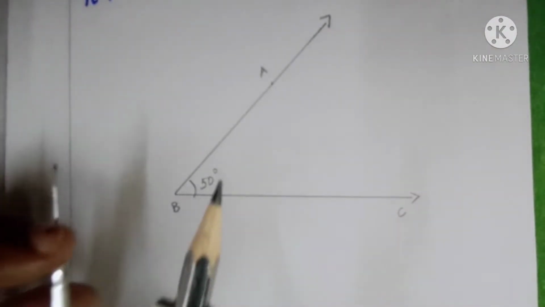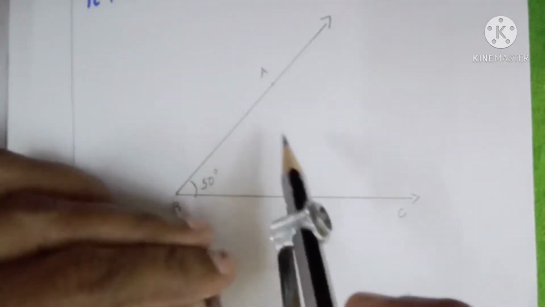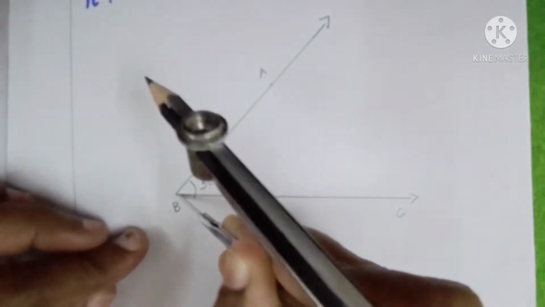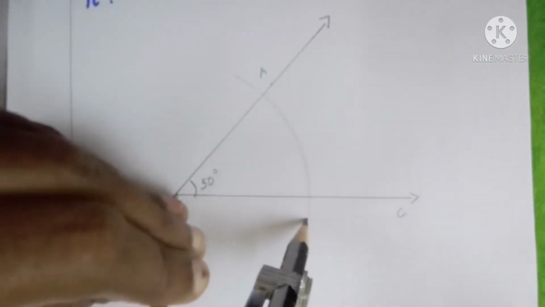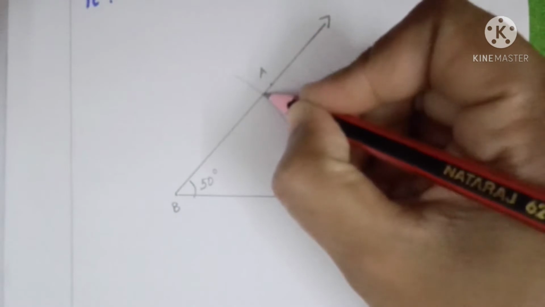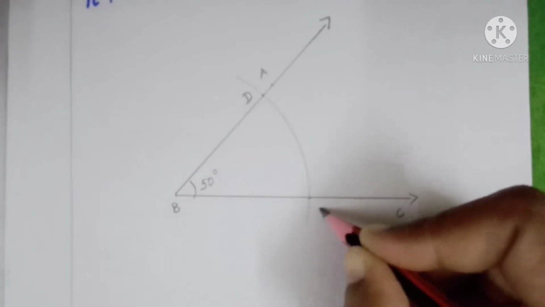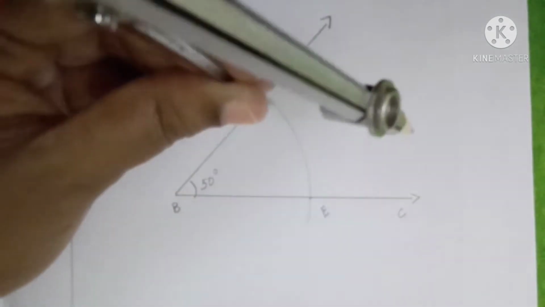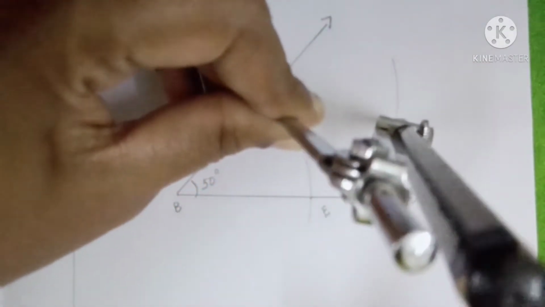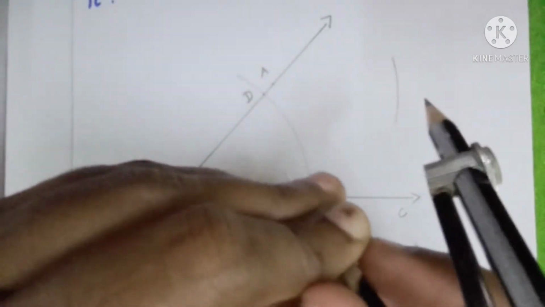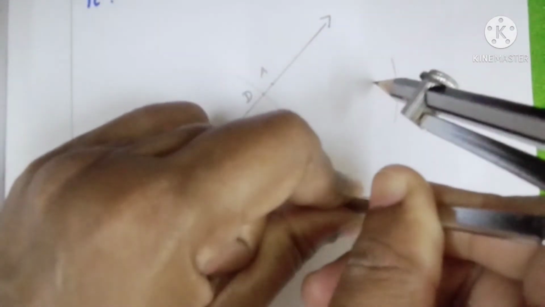So take your compass and with B as center, with any radius, draw an arc. It cut the angle at D and E. Now with D as center, with the same radius, draw an arc. And with E as center, with the same radius, draw another arc.